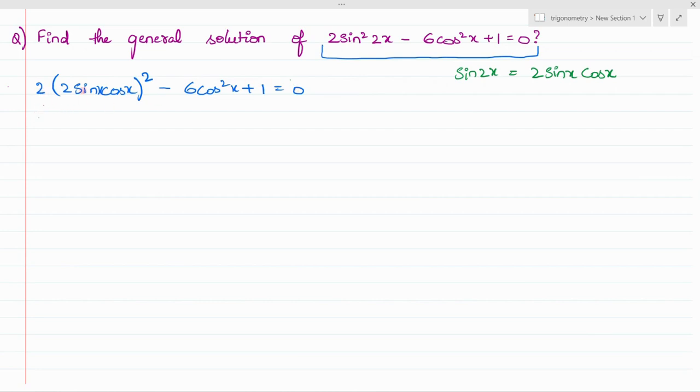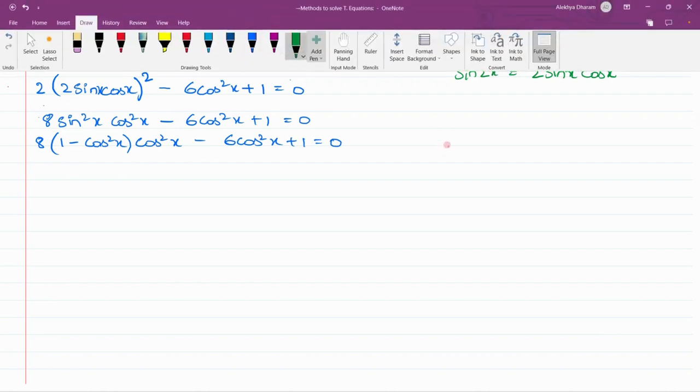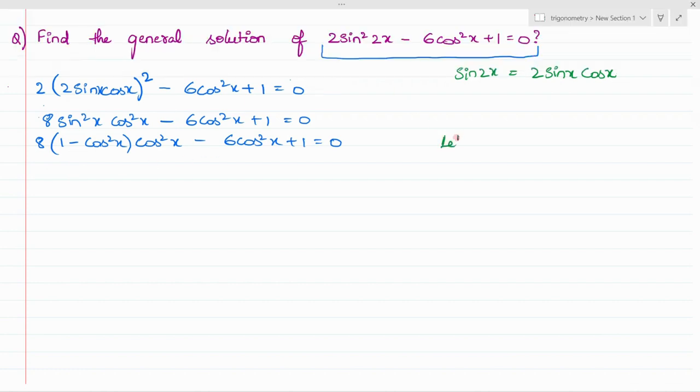It becomes 2 into 2 square, 4 twos are 8, sin square x cos square x, minus 6 cos square x plus 1 is 0. Again, write this sine square in terms of cos. It becomes 8 into 1 minus cos square x into cos square x minus 6 cos square x plus 1 is 0. Now, here we need to assume let cos square x be t.